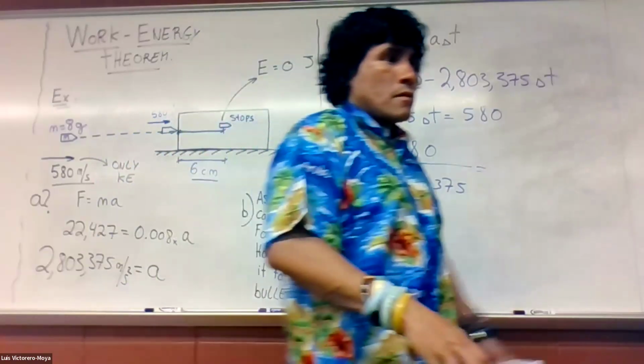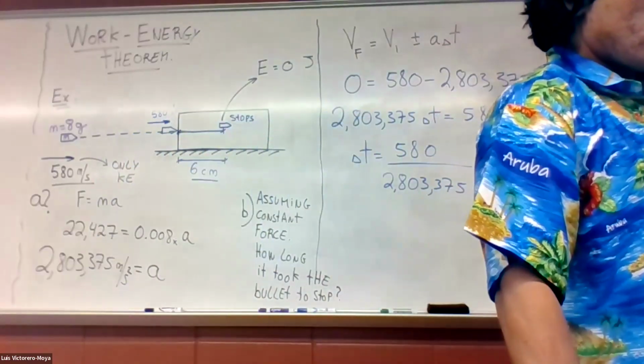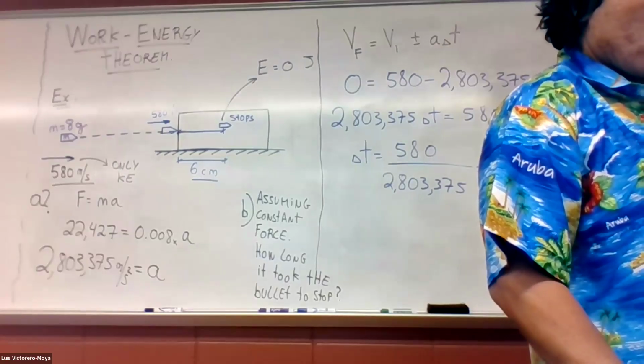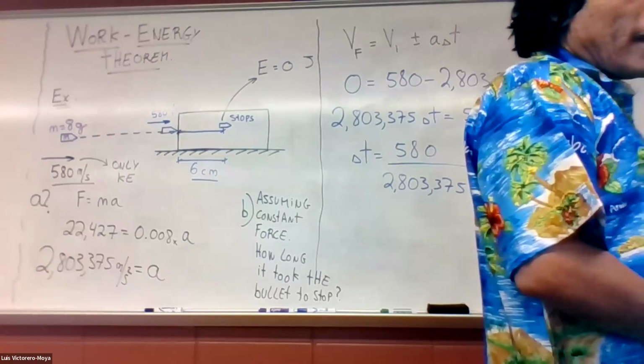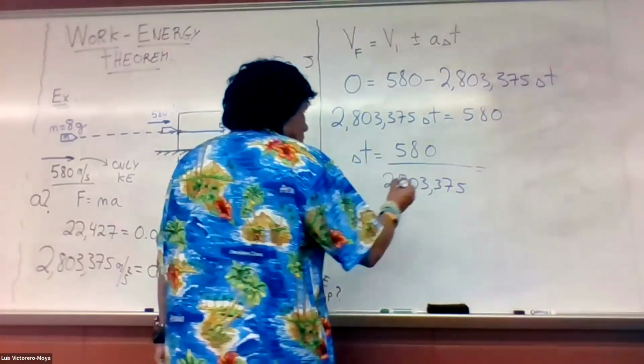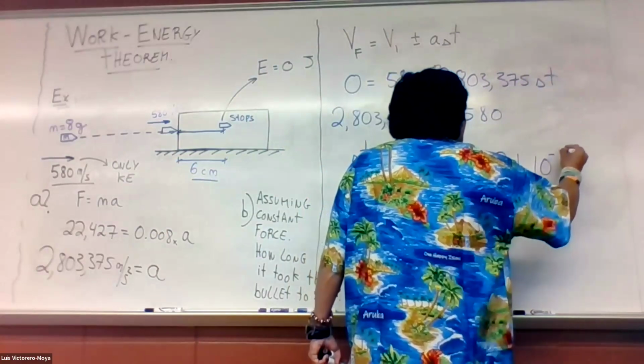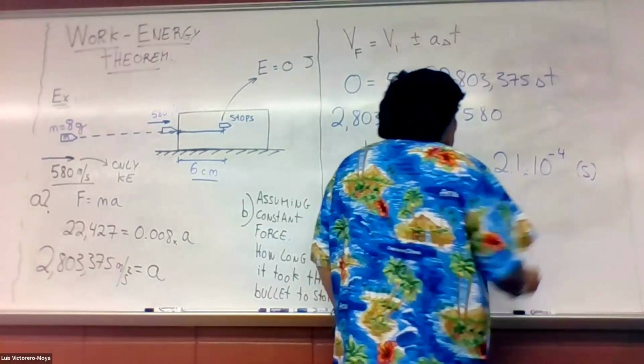So let's see. So I'm going to get 2.1 times 10 to the negative 4 seconds.